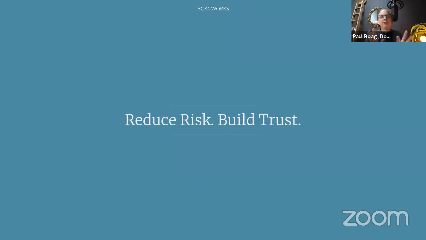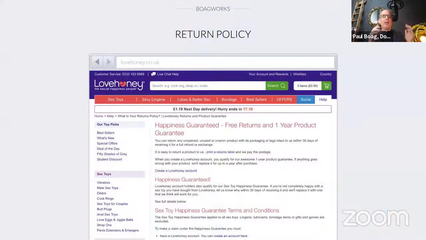And I want to give you a slightly unusual use case or example of this in action. In the UK, there is a company called Love Honey. Now, Love Honey sell sex toys, okay? I know it's not a particularly acceptable example, but it works very well to demonstrate what I'm talking about.